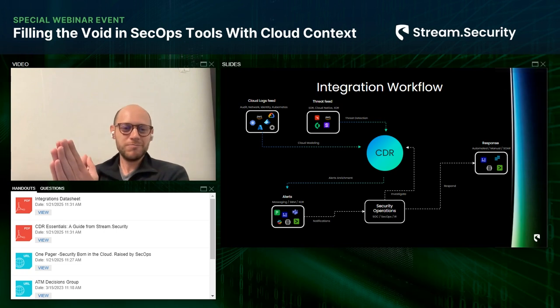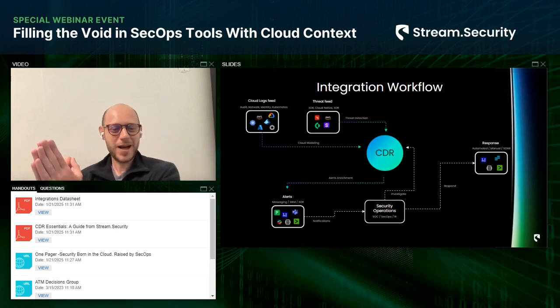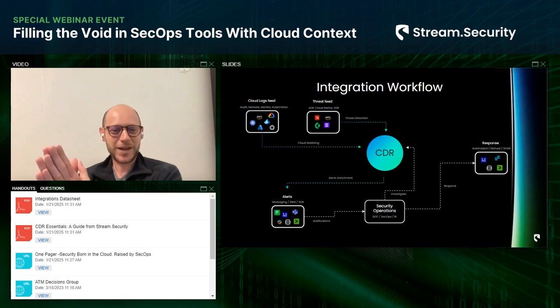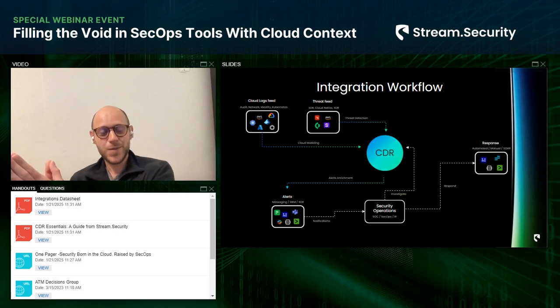We all ask vendors to have auto-response, but nobody actually enables auto-response in production, for example. We believe that the CDR solution should enable your team to not only understand what has happened, but to actually understand what will be the impact of the response needed on the application.